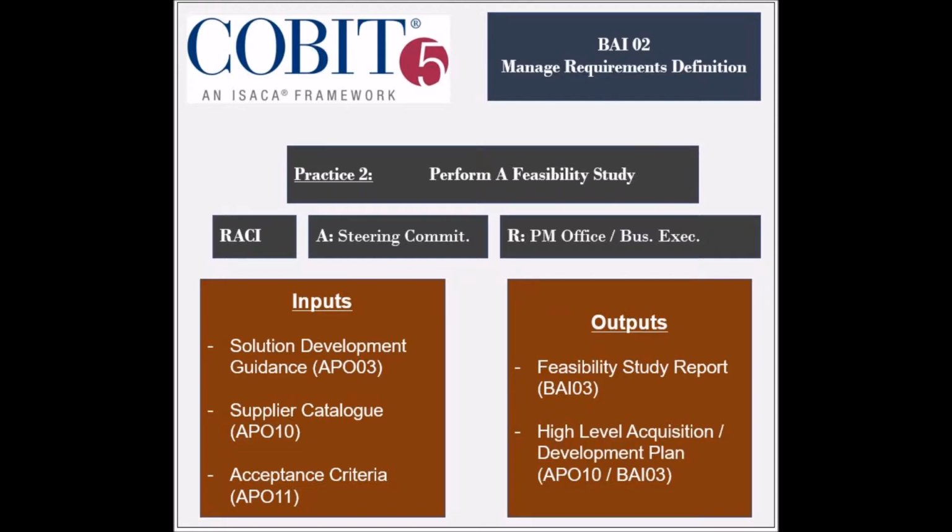The practice receives several inputs that include the solution development guidance from the BAI03 process, the supplier catalog from the BAI10 process, and the acceptance criteria from the BAI11 process. It generates 2 outputs, which are the feasibility study report to be used by the BAI3 process, and the high-level acquisition to be used by the BAI10 and BAI3 processes.